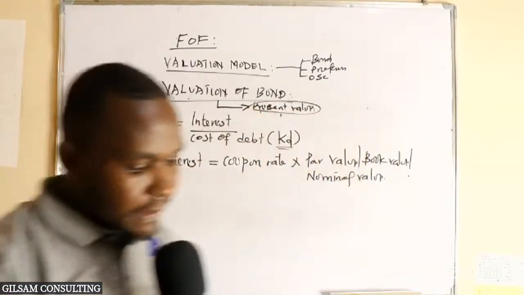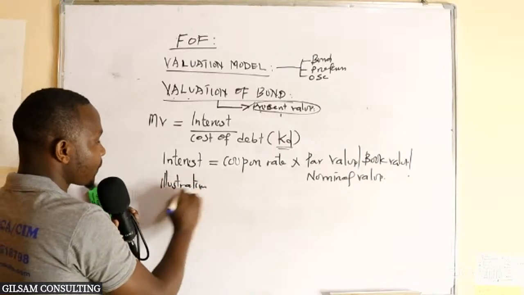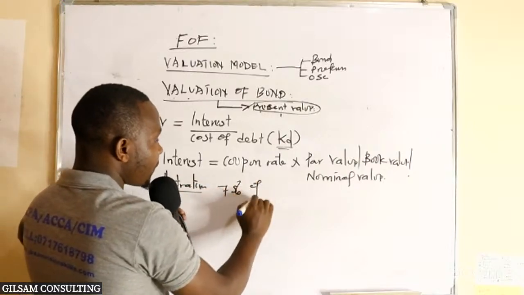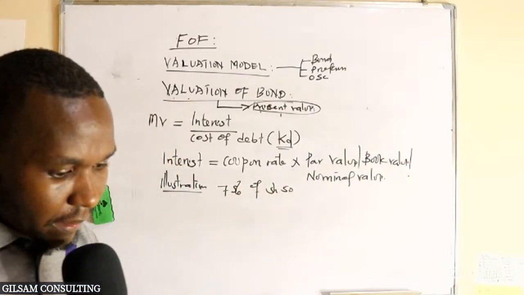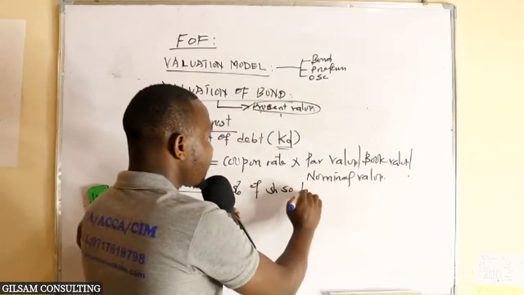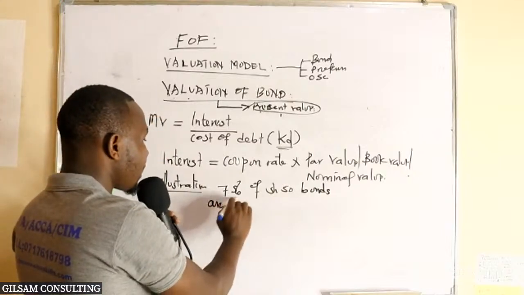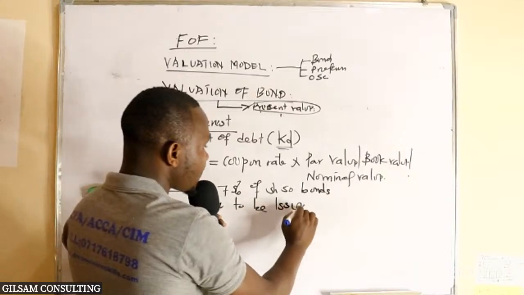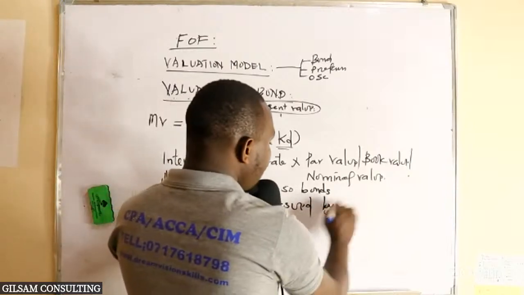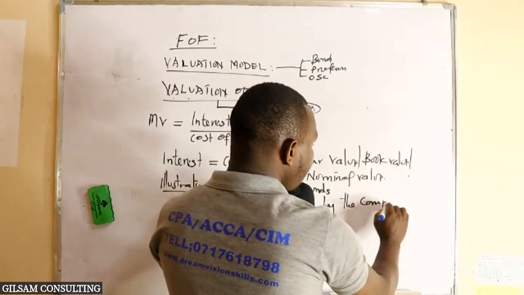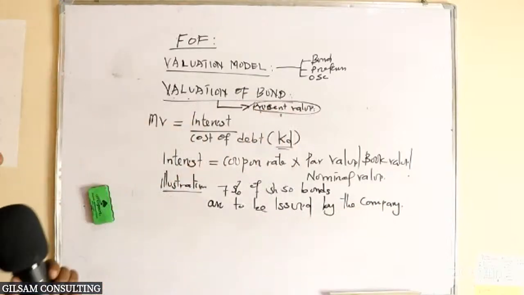Illustration: 7% of 50 shilling bonds are to be issued by the company, and the required rate of return is 10% per annum.